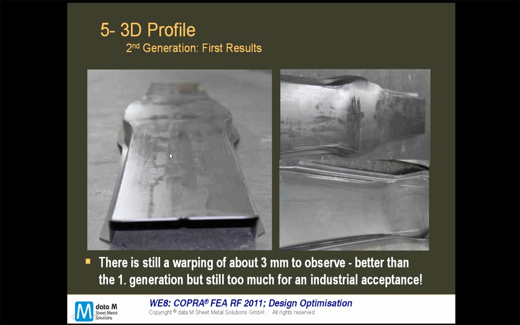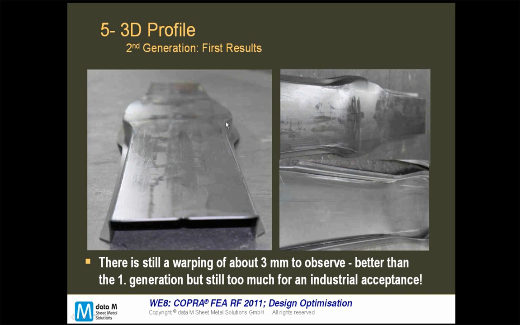So this is a real part where we have some warping of about 3 millimeters. We can see it in this area where the cross-section changes. And of course, we knew we were going to get that because we simulated before.